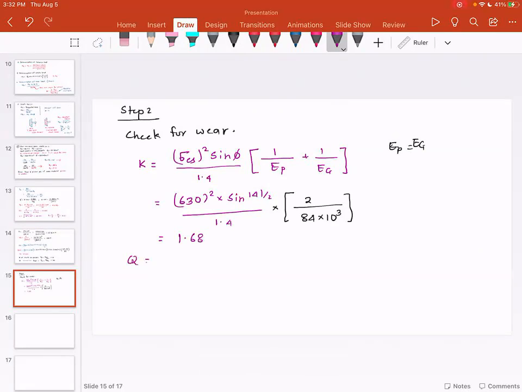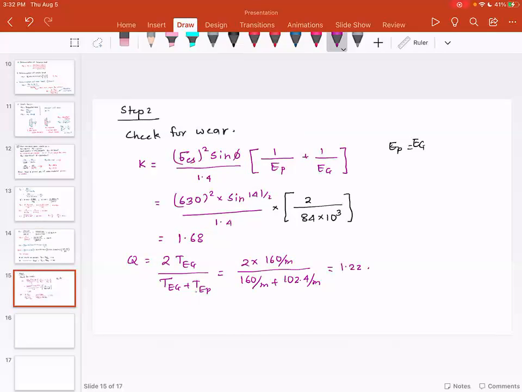The ratio factor Q is 2 TEG divided by TEG plus TEP: 2 times 160 by M, divided by 160 by M plus 102.4 by M. That gives you 1.22.